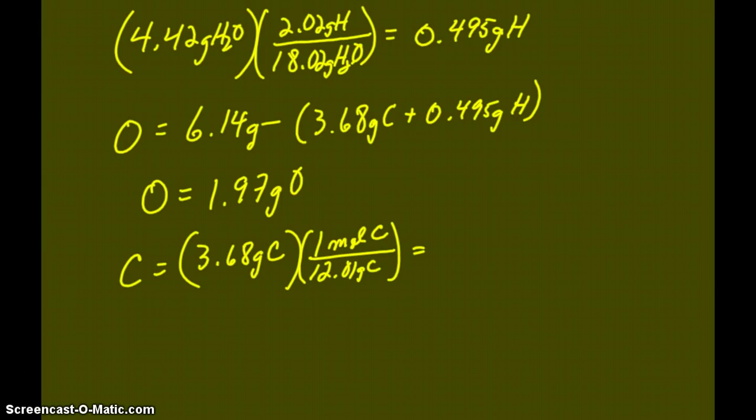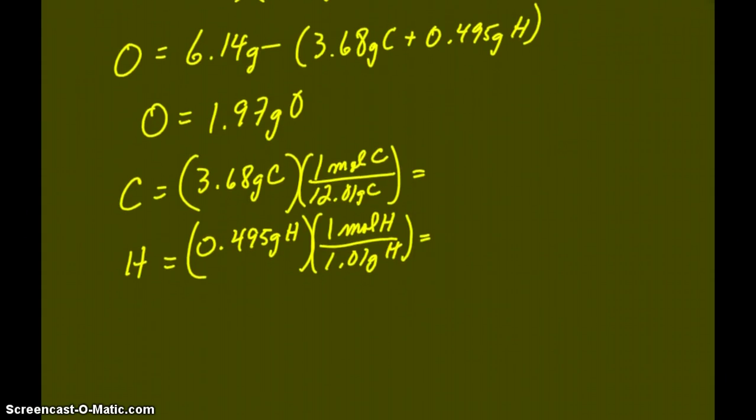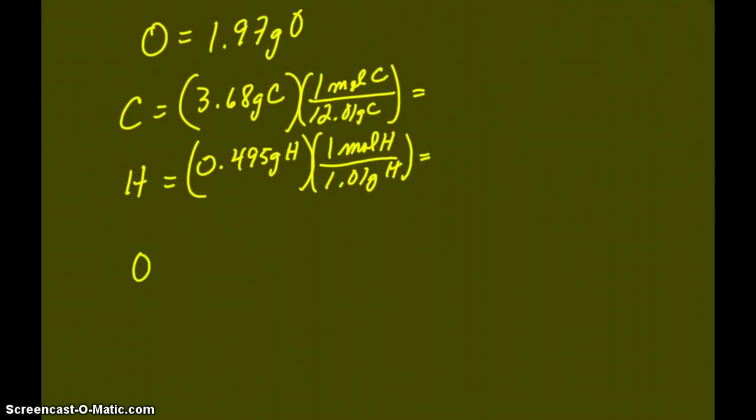For hydrogen, I'll take my 0.495 grams of hydrogen, convert it to moles. For my oxygen, I take my 1.97 grams of oxygen, again get it to moles.